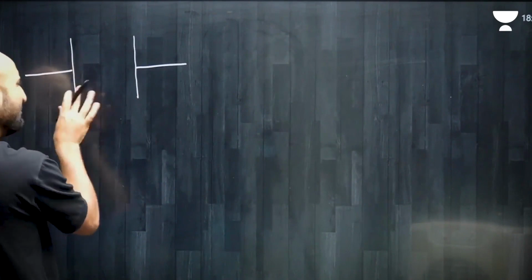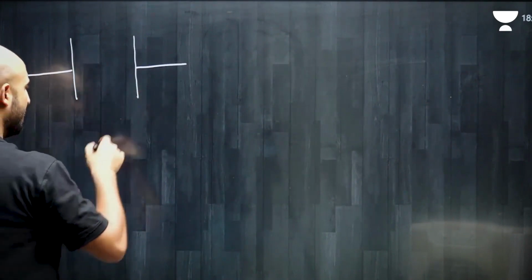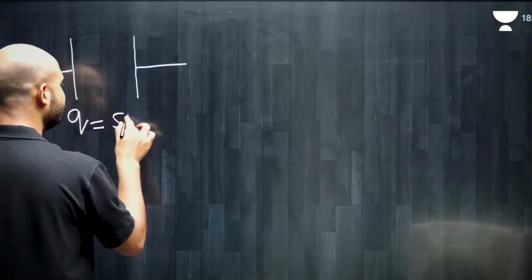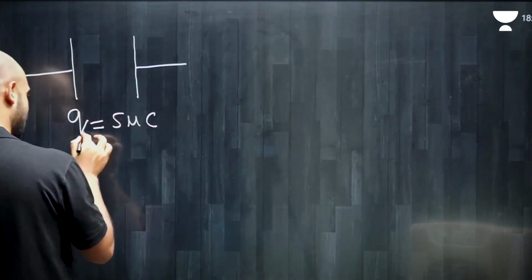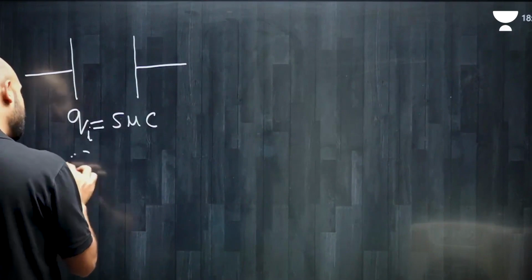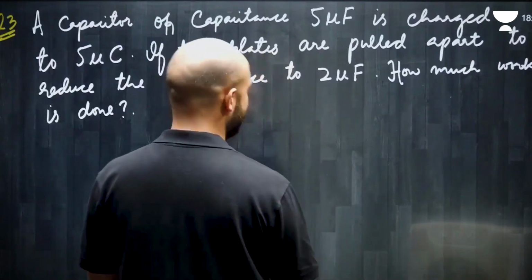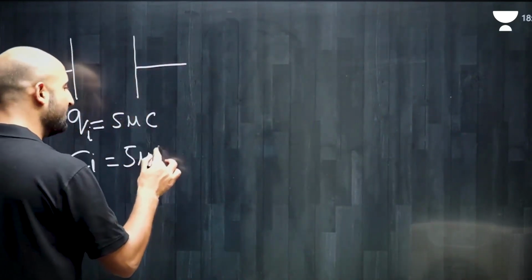You have a capacitor here. There is some distance between the plates of the capacitor. Question tells me the charge on this capacitor is 5 microcoulomb. Initial capacitance C initial is 5 microfarad.